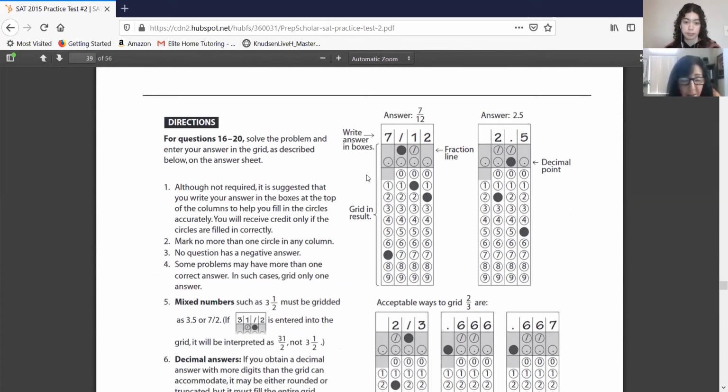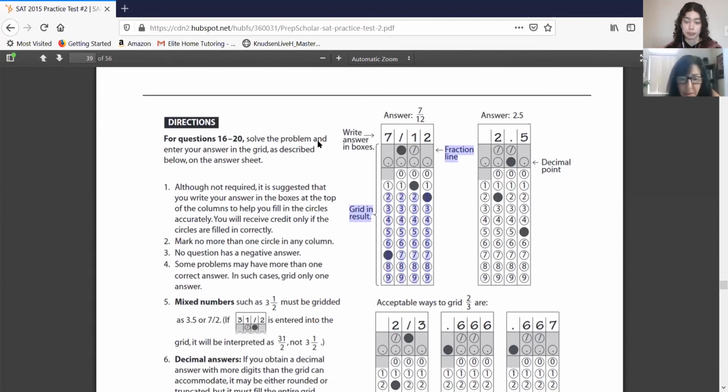The machine that grades it does not care what you wrote down. It only cares about what you gridded in. Free response or grid in section, both of those are appropriate. Unless your question says in fraction form or round to the nearest whole number or to the nearest tenth, it will accept any answer that fits in that slot with 4 spots.